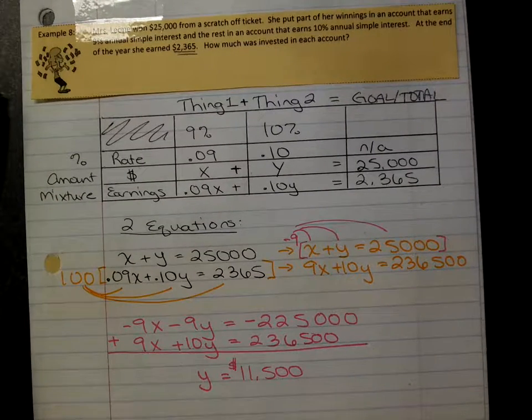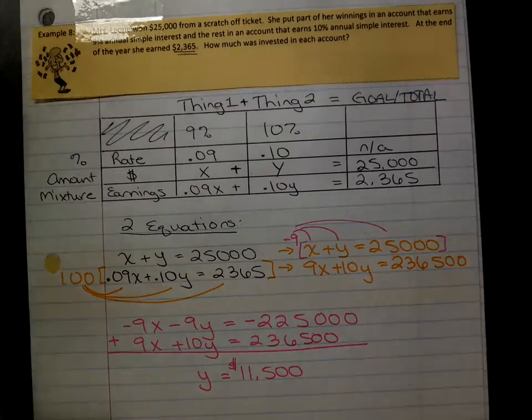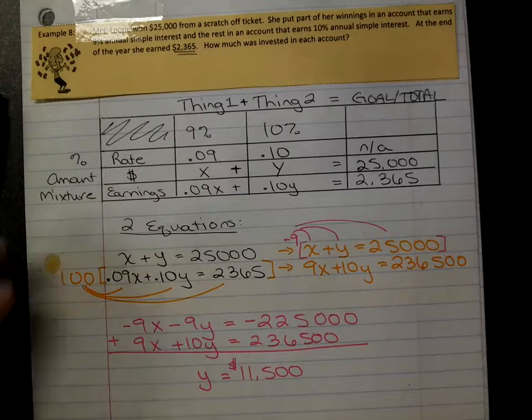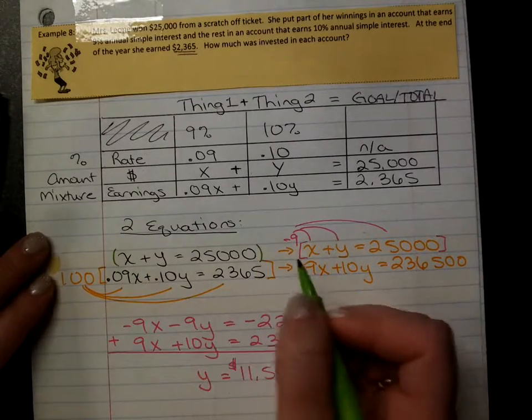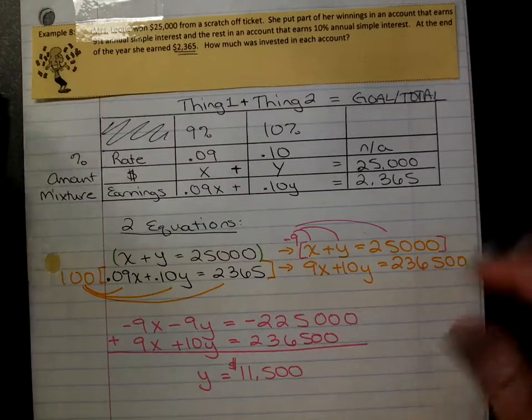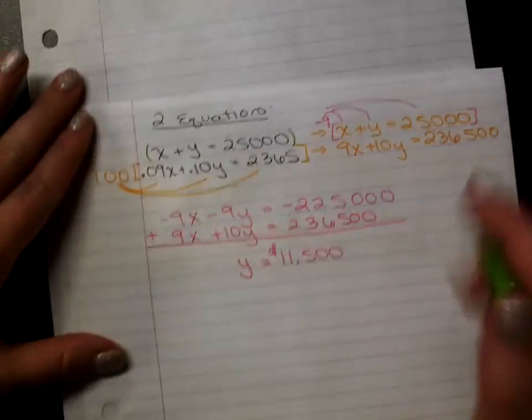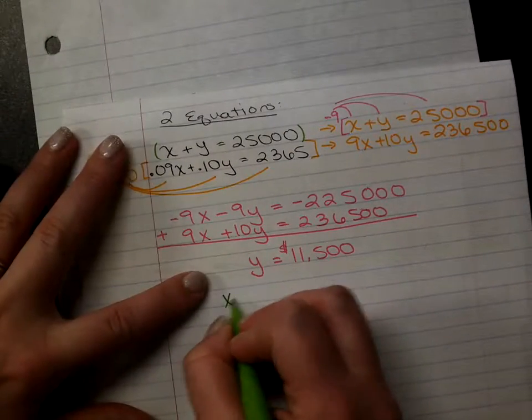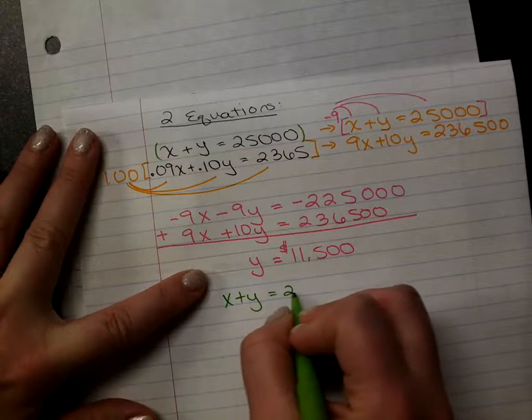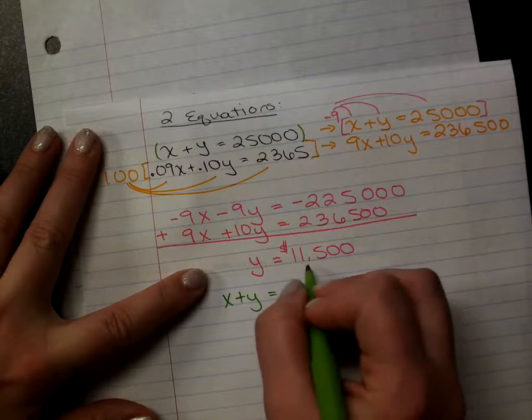Now I take my one answer and I plug it back into the simplest equation. So I'm going to plug it back into this one because it looks easier. I'm going to fold this back so you can see. From here, I do x plus y equals 25,000.